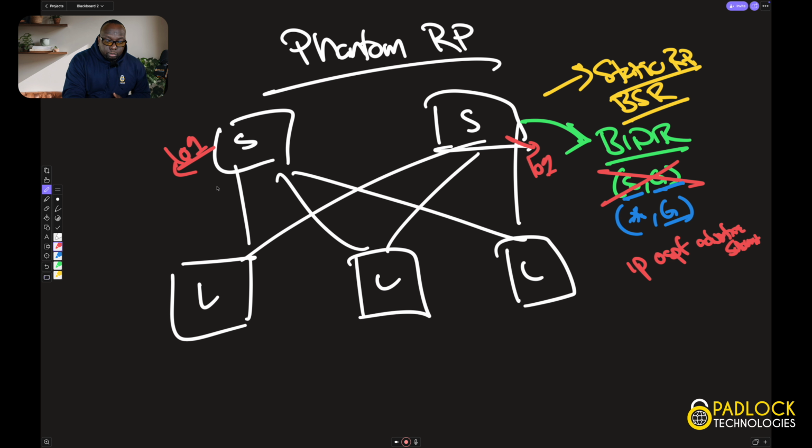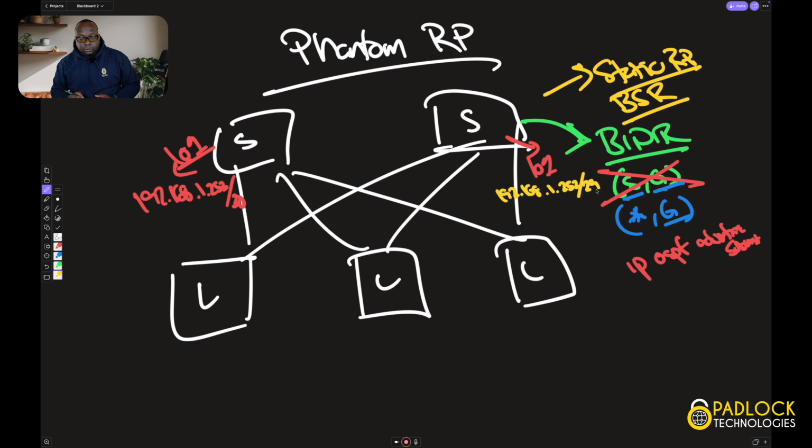So let's say loopback 1 here could be 192.168.1.253 /30. And then on spine 2, you're going to have 192.168.1.252 /, don't quote me on this, I believe it's 29.